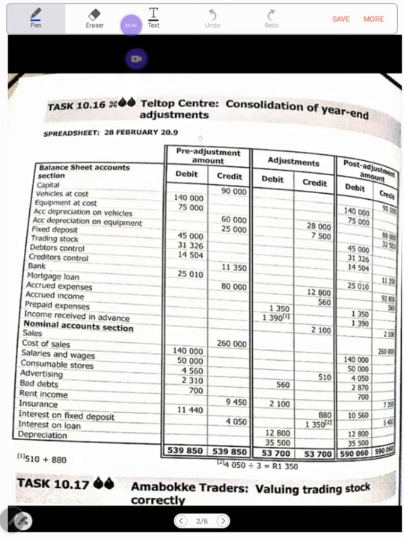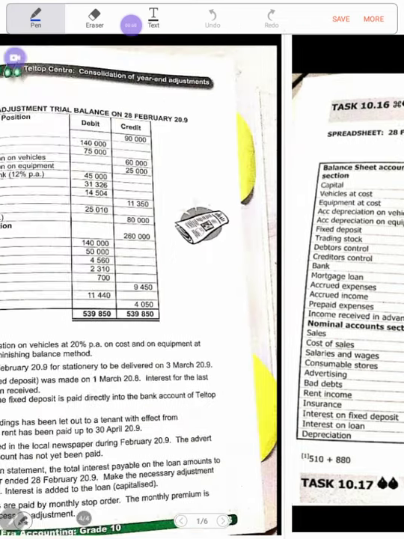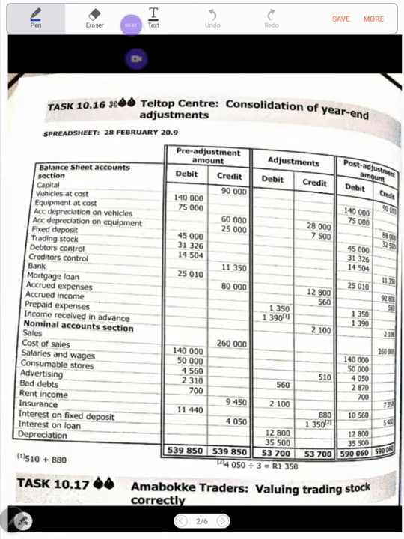Remember the pre-adjustment amounts have been taken for you in the actual activity, literally copied and pasted over here. This is the adjustments that we have to work through and fill in, and then we either add or subtract to get the post adjustment figure, the correct figure or amount that will be taken into place.